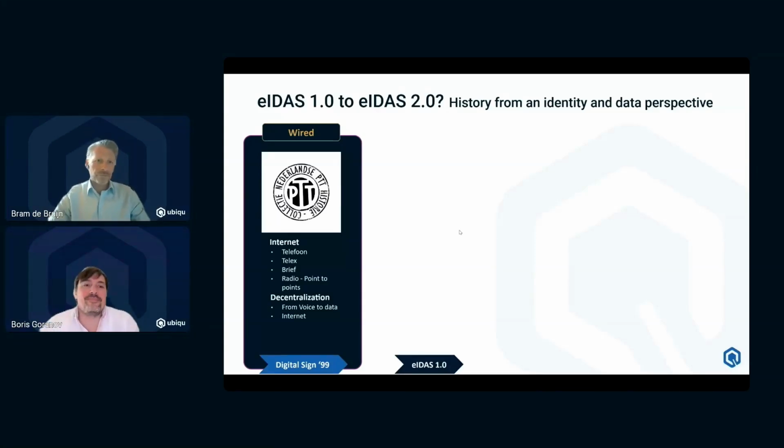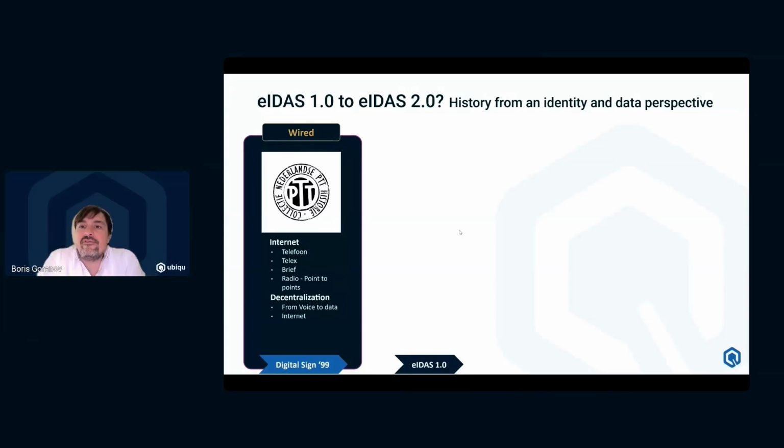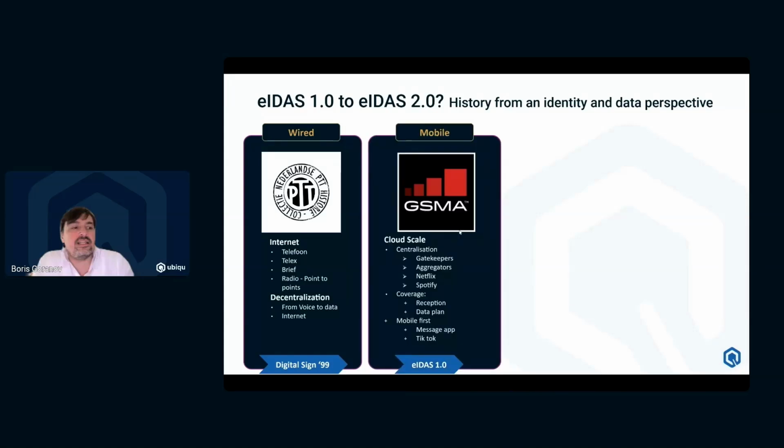So if we zoom out a bit and look at the history of identity and data, we started out with wired internet and connections. So we have telephones and point-to-point radio, etc. And then later we started also doing mobile, and during that same time we started doing cloud and centralization.